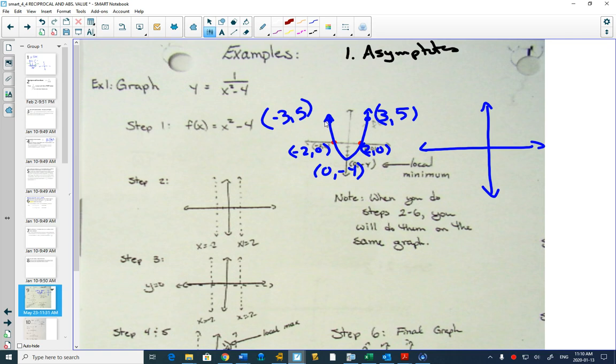Step 1, draw all your asymptotes, horizontal and vertical. I guess step 0, we still need the original graph. I shouldn't take that out. Okay. Step 0.